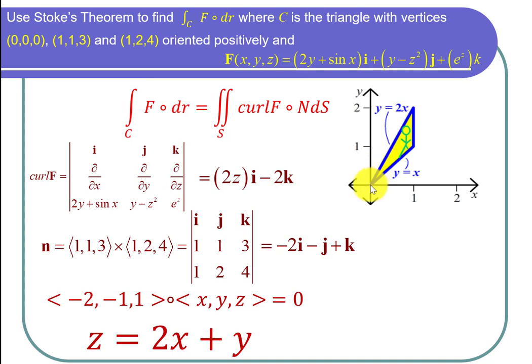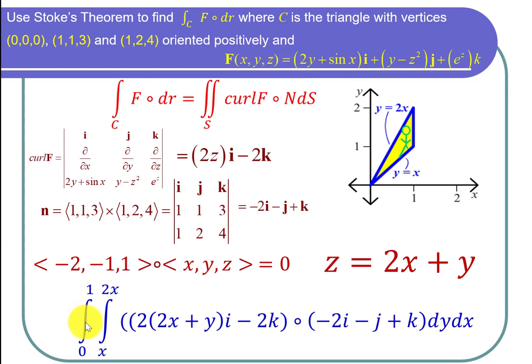Notice that the line from (0, 0) to (1, 1) has equation y equals x, and the line from (0, 0) to (1, 2) is y equals 2x. So I draw my little man to help me with the limits of integration. Notice the man's feet are on x, the man's head is on 2x, the farthest left the little man goes is 0, and the farthest right is 1.